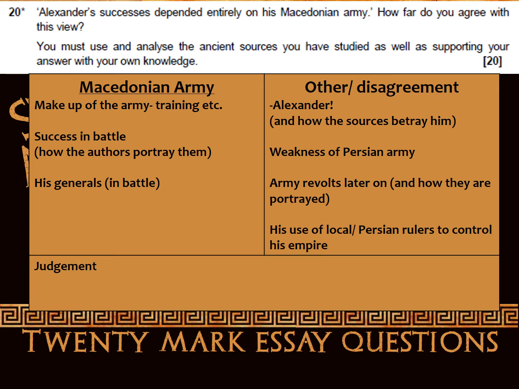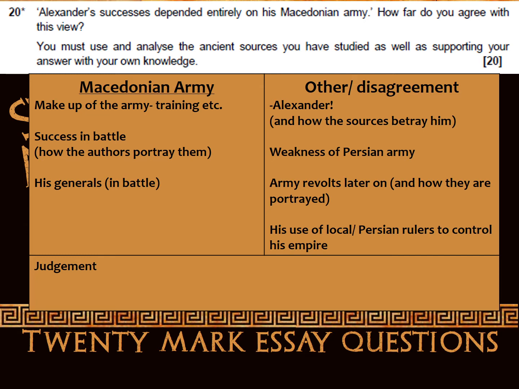We could talk about the weakness of the Persian army and how that contributed to Alexander's successes. Again, you would point out that the histories are written by the Greeks and they've just won, so maybe they are going to downplay the Persian army. I mean, let's face it, they always have done.